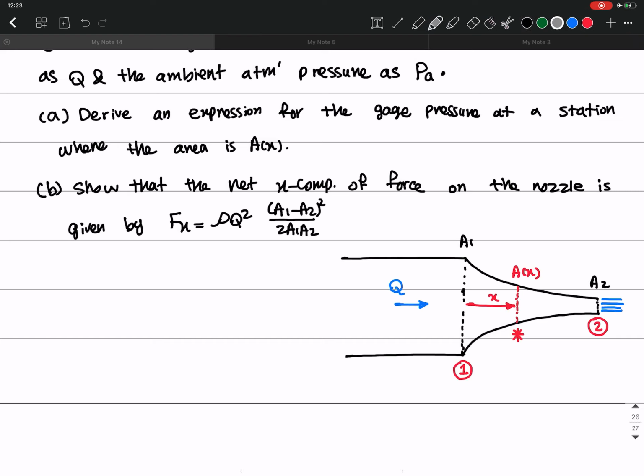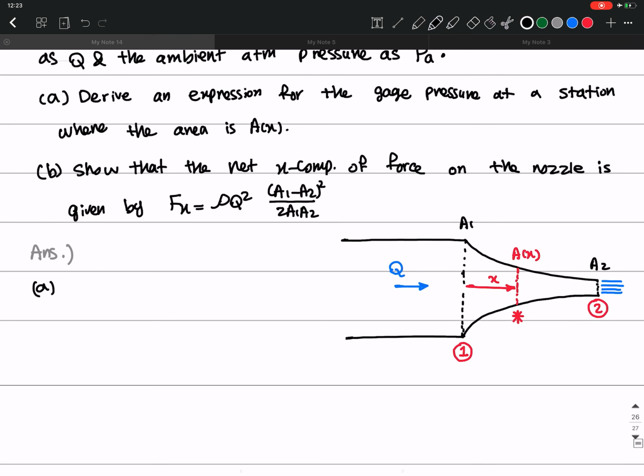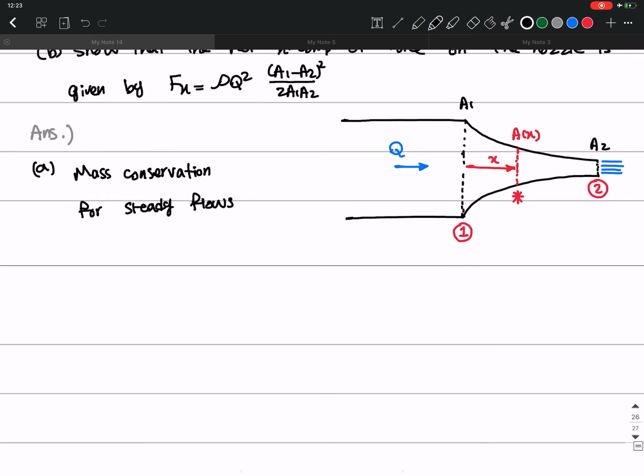So first we write the mass conservation for steady flows, and that is as follows.